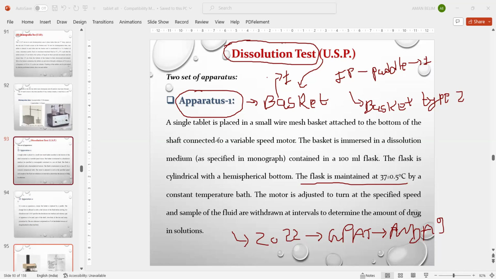Same bioavailability. Okay, and what is bioavailability then? I want a definition. What is the definition of bioequivalence?